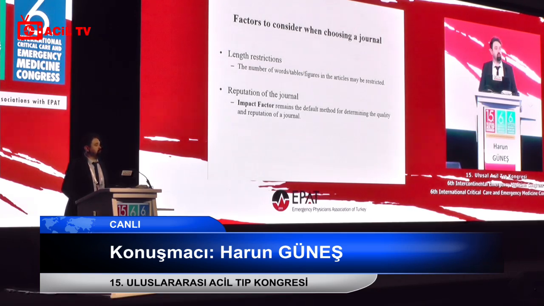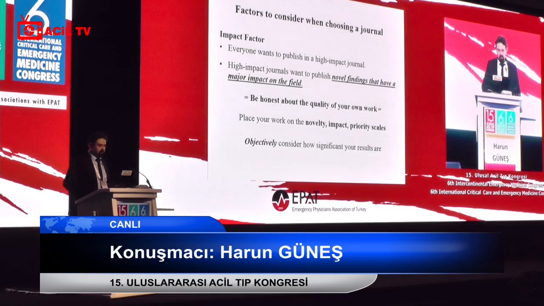And reputation of the journal is of course an important factor. Impact factor remains the default method for determining the quality and reputation of the journal. Everyone wants to publish in a high impact journal, and high impact journals want to publish novel findings that have a major impact on the field.